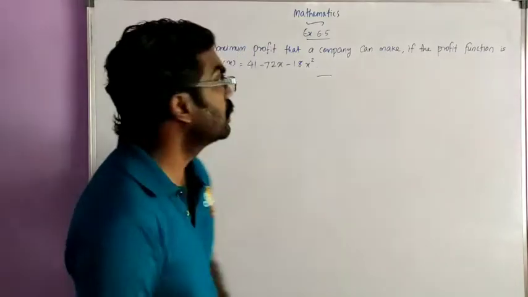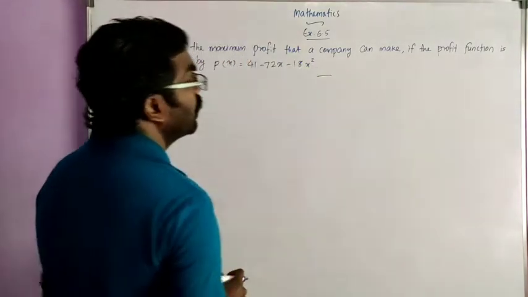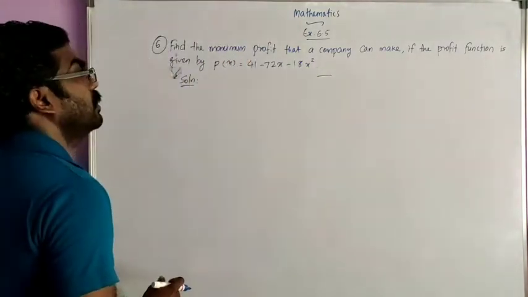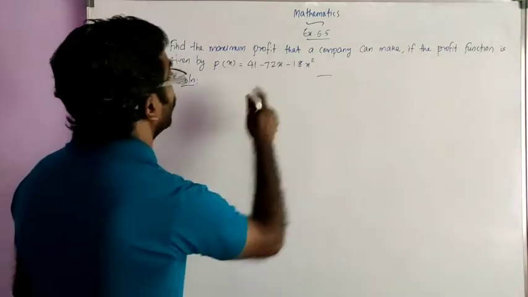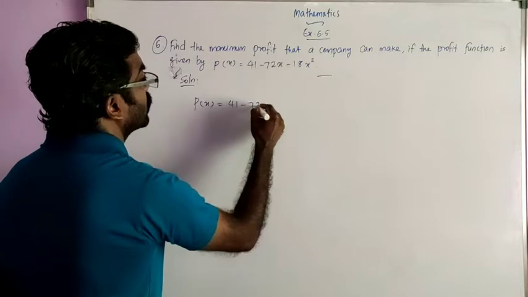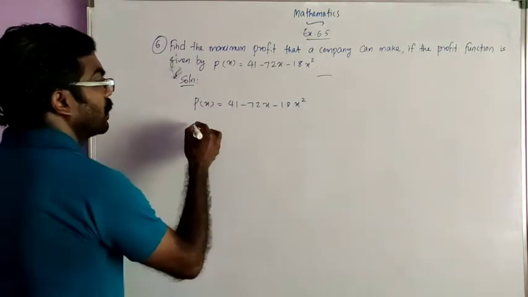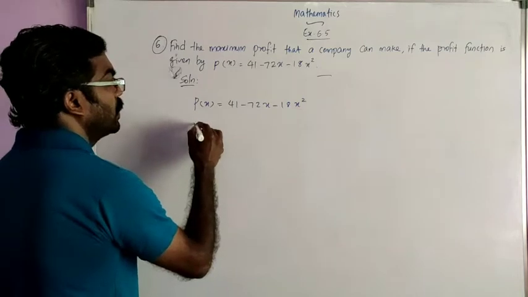The next question is, find the maximum profit that a company can make if the profit function is given by p of x equal to 41 minus 72x minus 18x square. Okay. So here also we can apply the second derivative test.